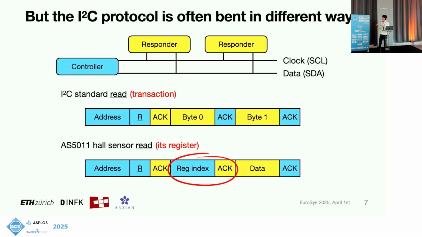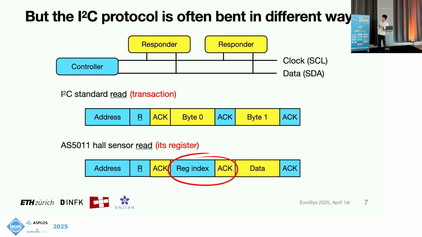There are many devices out there that have quirks, meaning that part of the device does not follow the I2C standard. Here we show one example. In the middle, this is a standard I2C read transaction. The I2C controller first transmits the target address, and then a bit indicating this is an I2C read transaction.